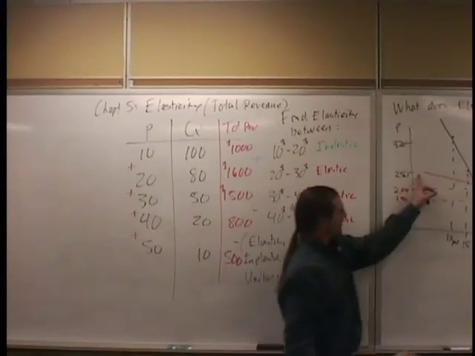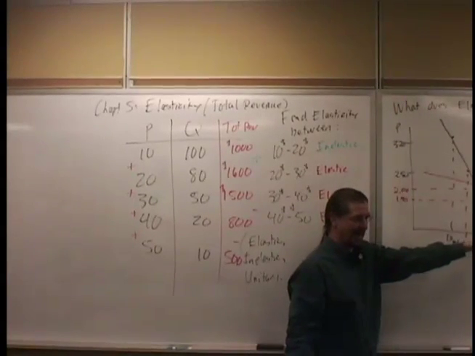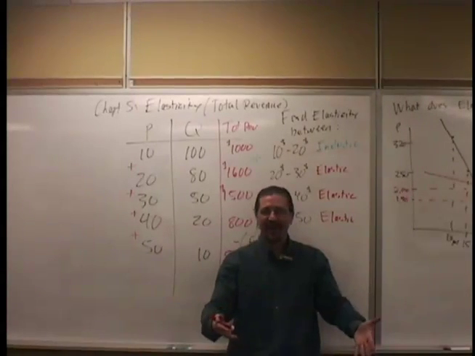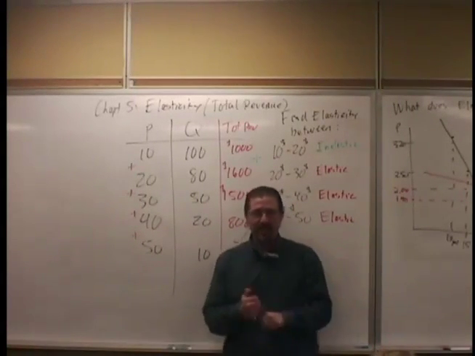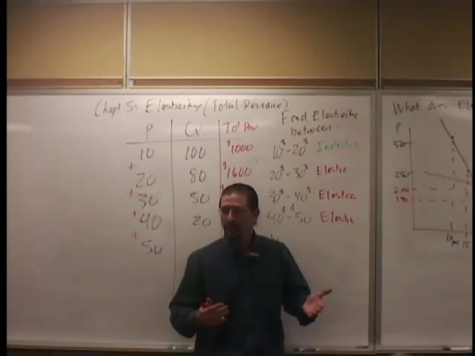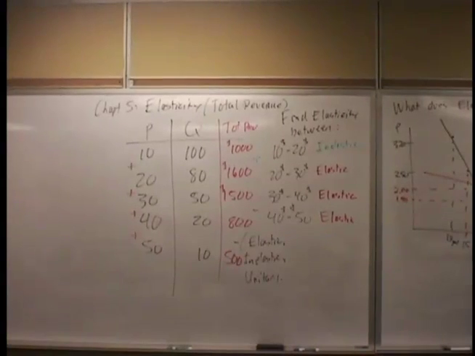And tell me that this line is more elastic than that line because it's flatter. All right? So flatter, elastic, steeper, inelastic, and be able to go either way. Good bet that it will be.